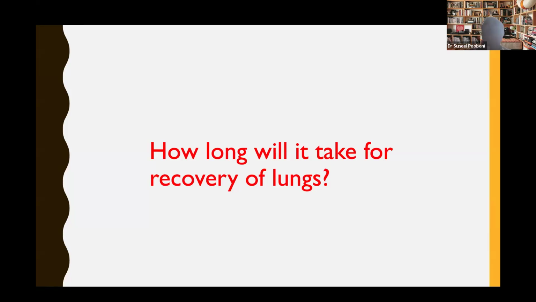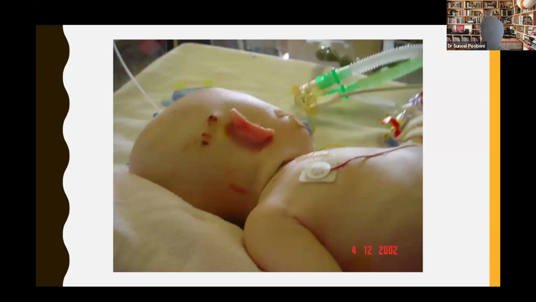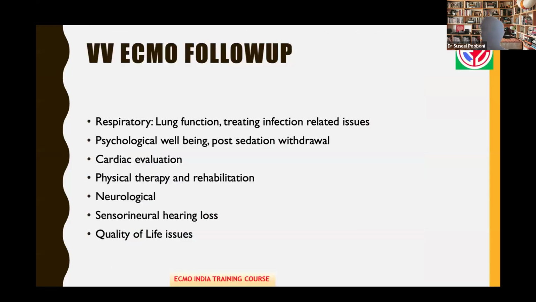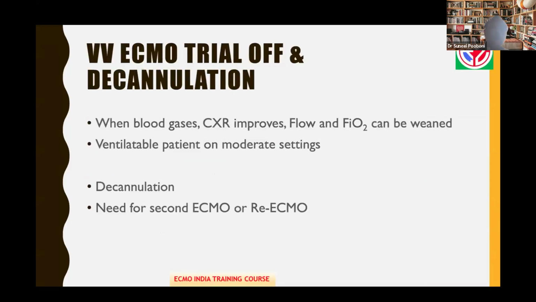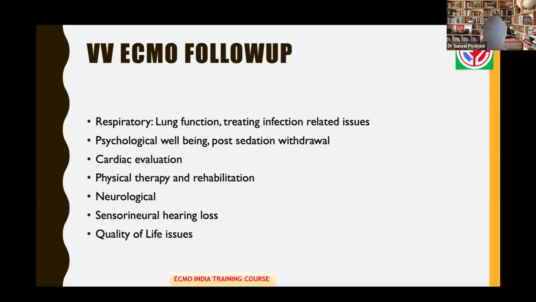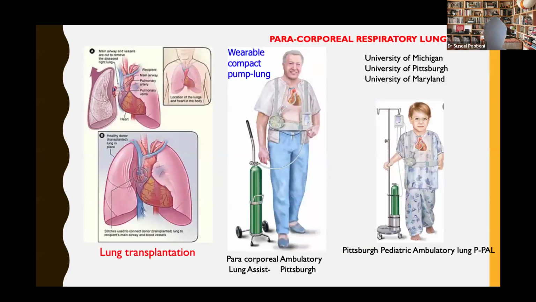Once you continue as a single organ failure, even after a long period of time, such as a year or more, they can bounce back and establish their own lung function even after spending 1 year or more on ECMO. So these are examples of paracorporeal or wearable lungs for a child and adult.